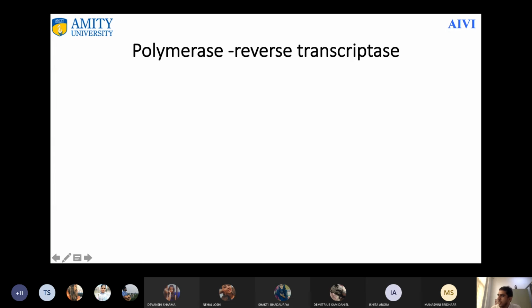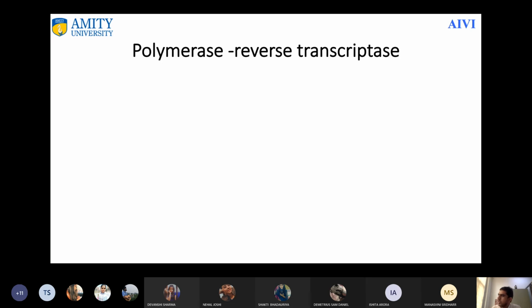So over the DNA template, if RNA is forming, that step we call transcription. Here we are doing the reverse: over the DNA template we are not making RNA, but we are making DNA over a template of RNA. In DNA replication, DNA is replicated in the form of DNA.